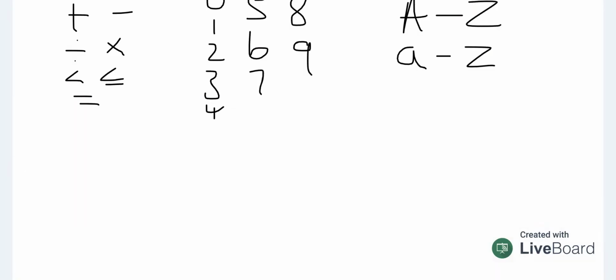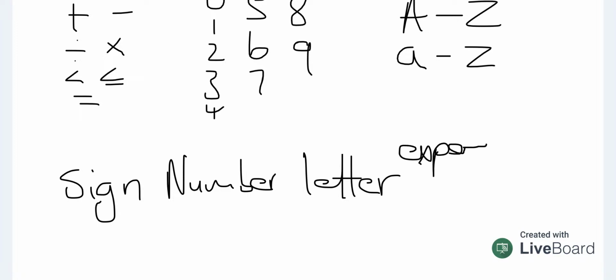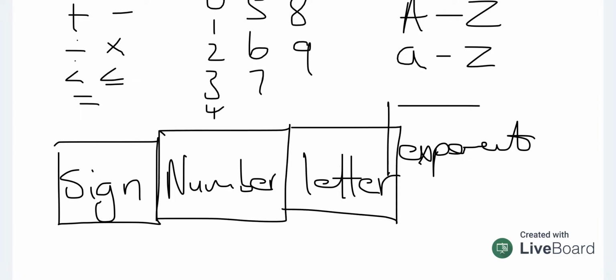A term has a structure which is in this format: the sign, and then after the sign it is a number, after the number it is a letter, and lastly an exponent. So this is how a term is structured. Just remember this: the sign, a number, a letter, and the exponent.